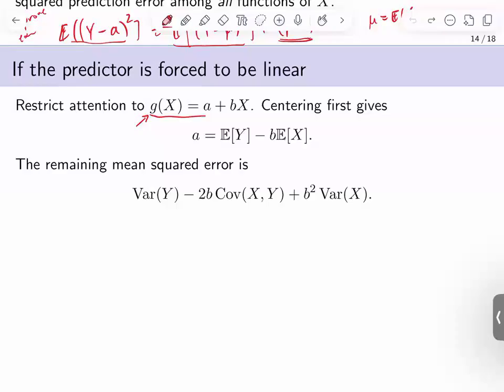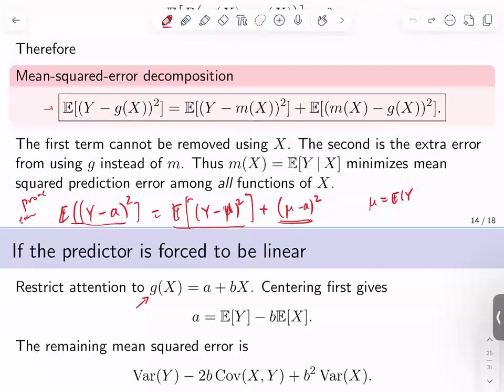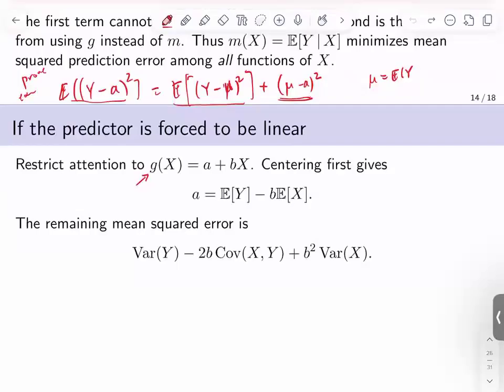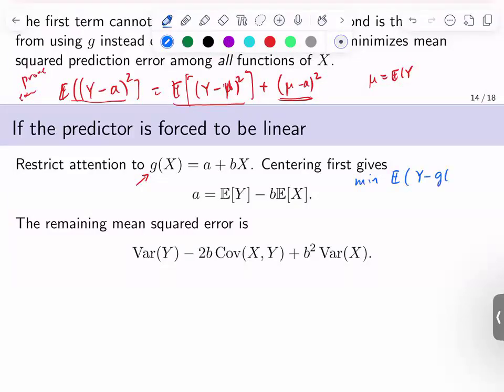If I restrict myself to the linear class, I can ask what happens if I try to minimize, let me write it down here, the average prediction error, the MSE, over g such that g is linear.